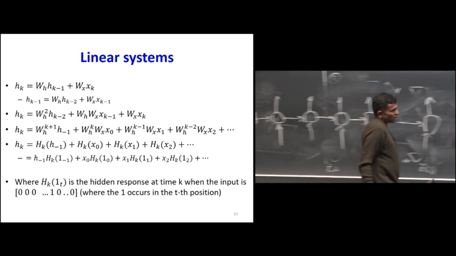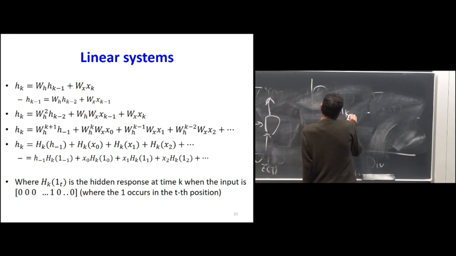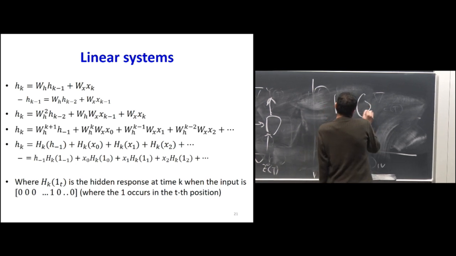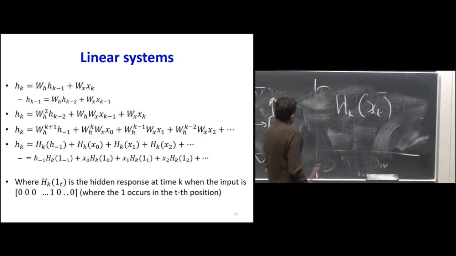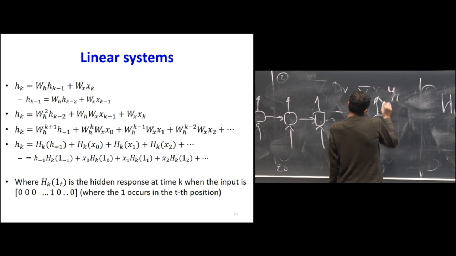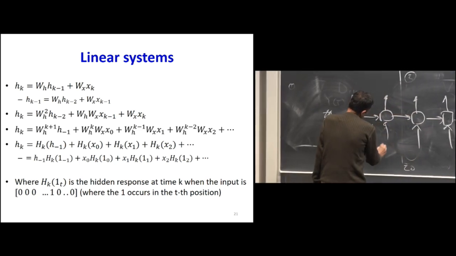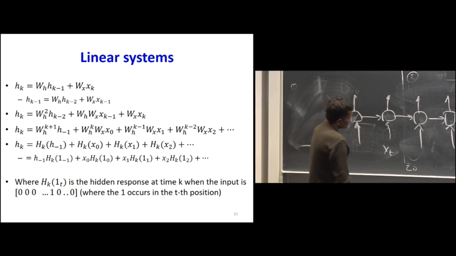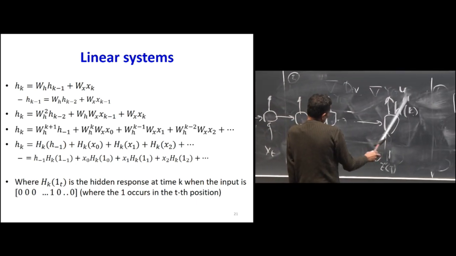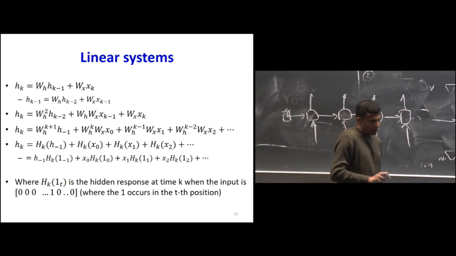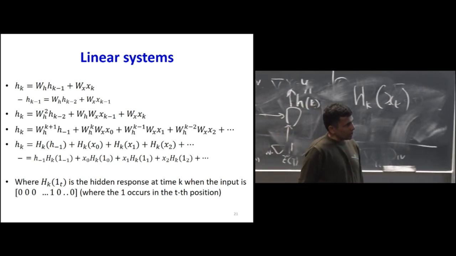So suppose I can write this term out, which is hk, I'll call this capital X, hk of xt. hk of xt represents the hidden value, h of k, as a function of an input at time t. So hk of xt basically says, what would this be if the only input I had was at time t, and everything else was 0, I had no other inputs?